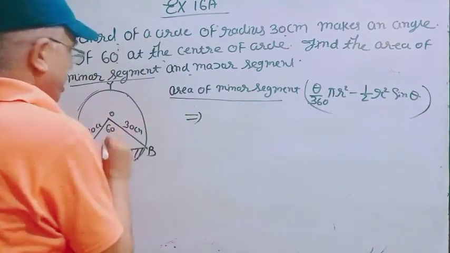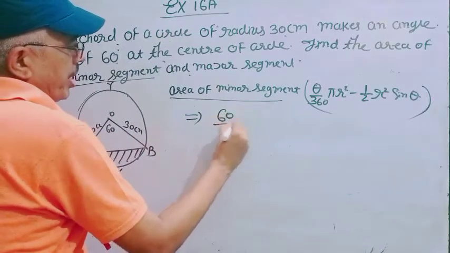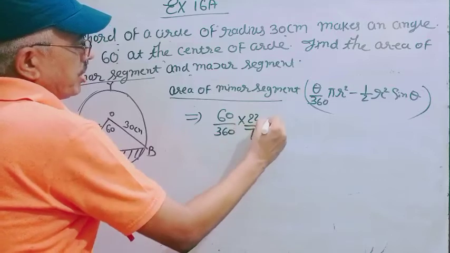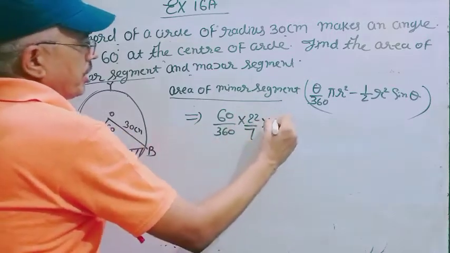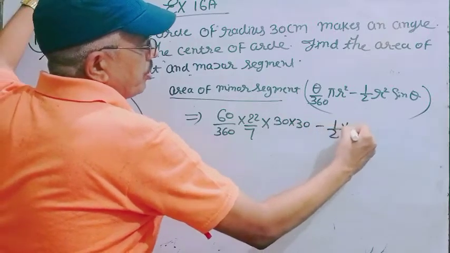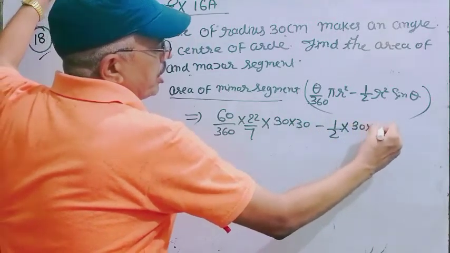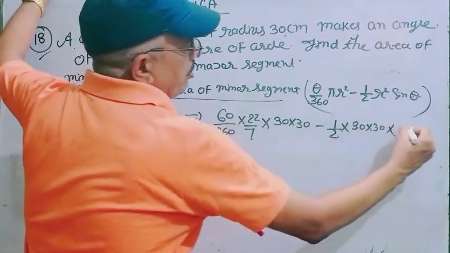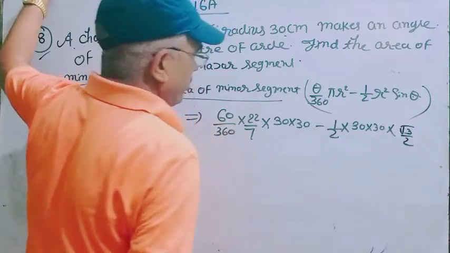Dear student, here theta is 60 degree by 360, pi is 22 by 7, r square is 30 into 30, minus 1 by 2 r square, 30 into 30, and sin theta, theta is 60 degree, so the value of sin 60 degree is root 3 by 2.